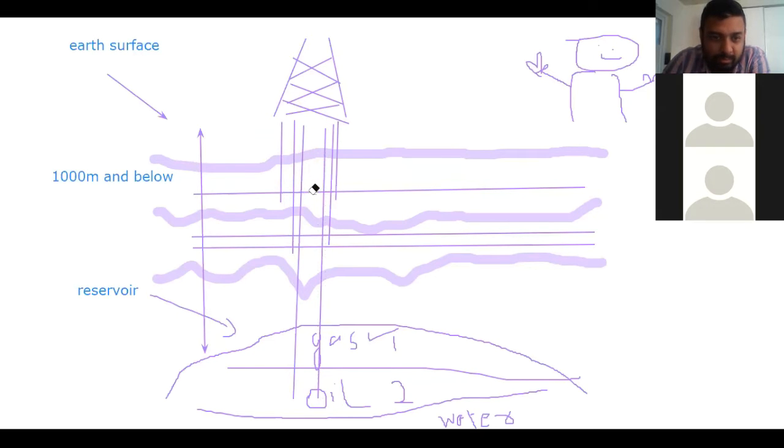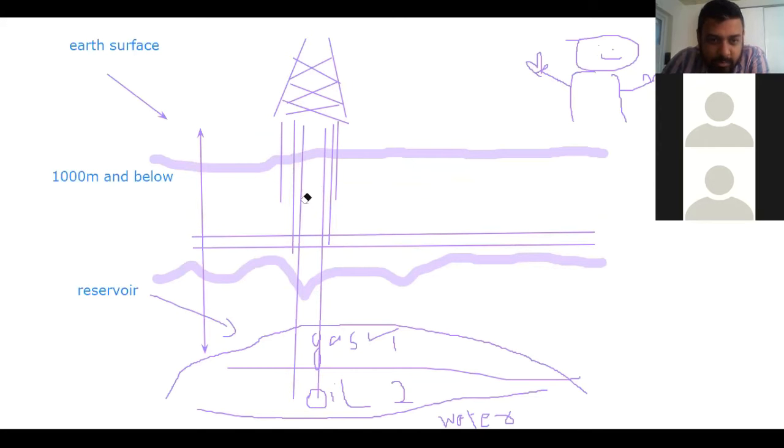Okay, anyway, so assume that this is all cleaned up here. So we drill the well. Now you see that I drew actually 3 lines here, 3 sections.